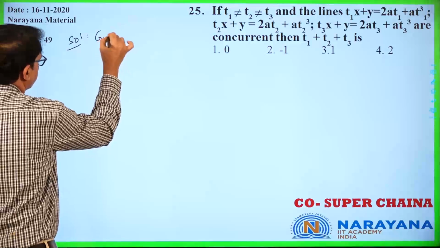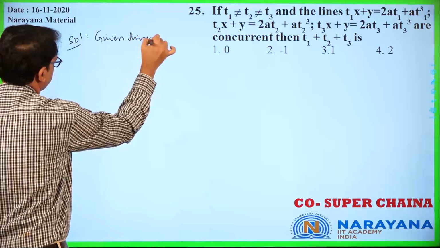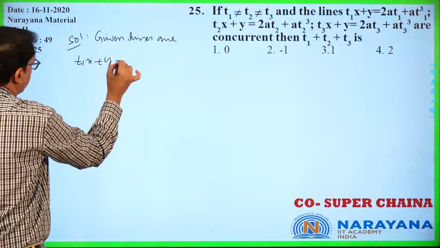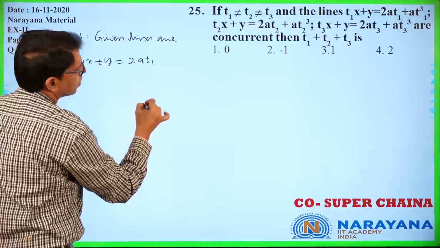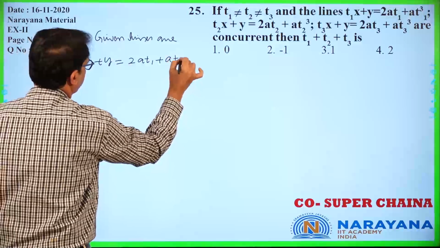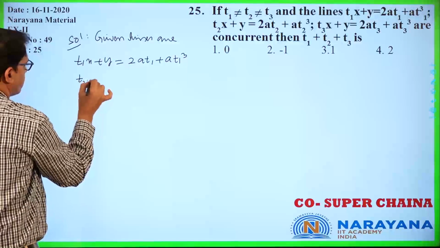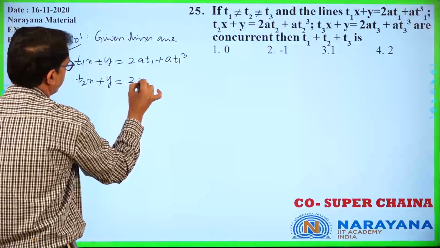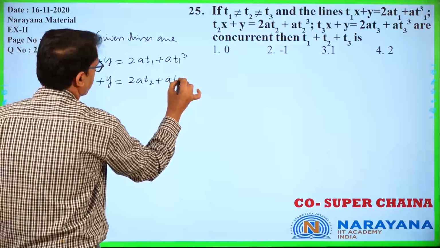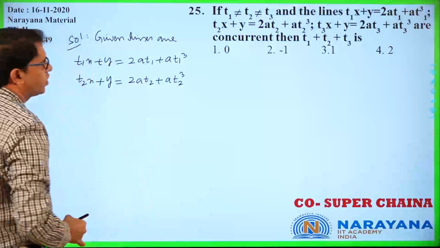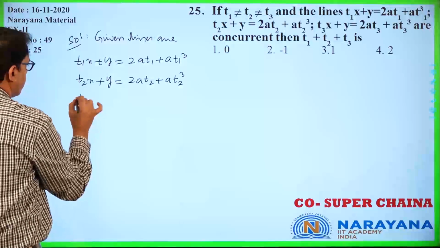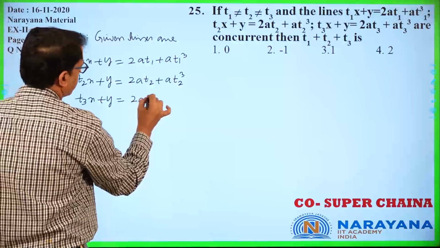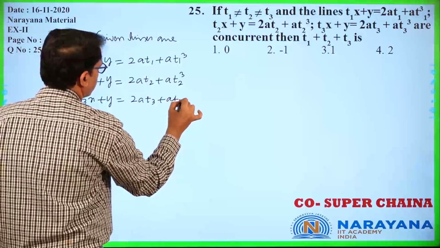The first one is t1x plus y equal to 2a t1 plus a t1 cube. Then the second one t2x plus y equal to 2a t2 plus a t2 cube. Then next t3x plus y equals 2a t3 plus a t3 cube.